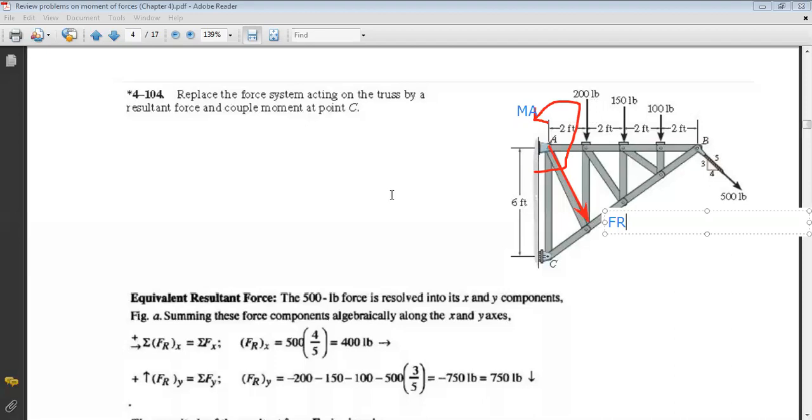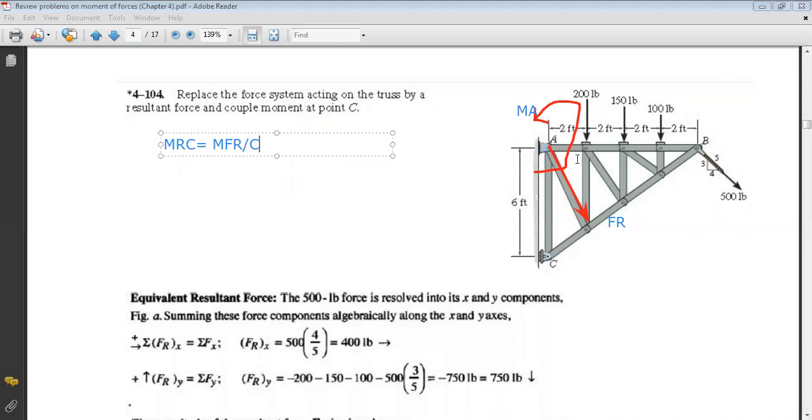So I will say that to have equivalent systems, the condition is that the moment produced by the system of force and couple at A should be equal to the moment produced at C. Okay, so the condition is that MRC is equal to, first, I have the moment of the force about C. So the moment of Fr about C, and don't forget here to add the couple.